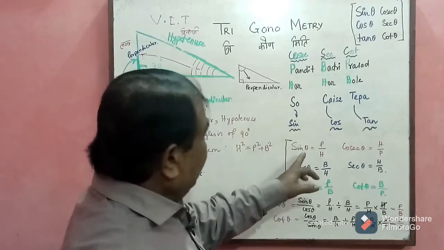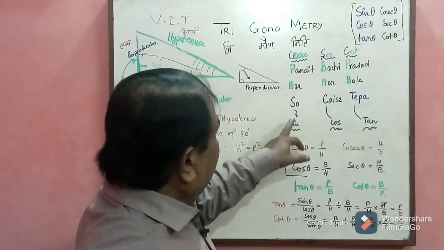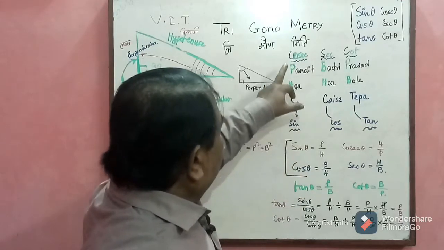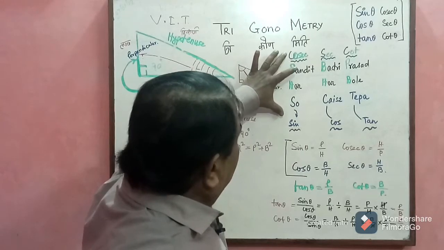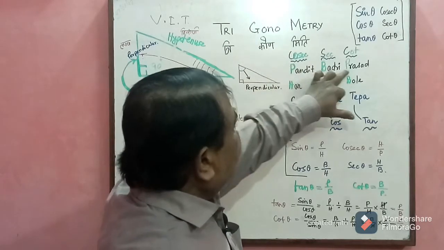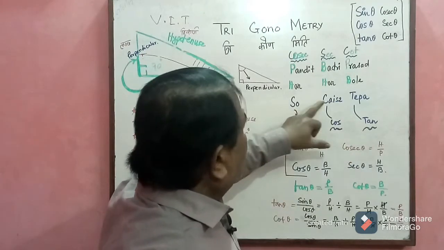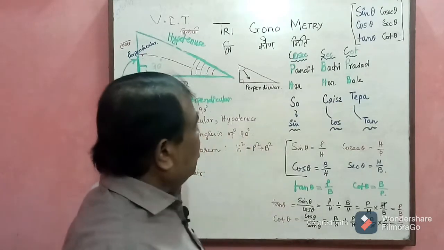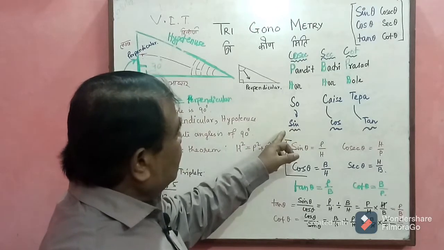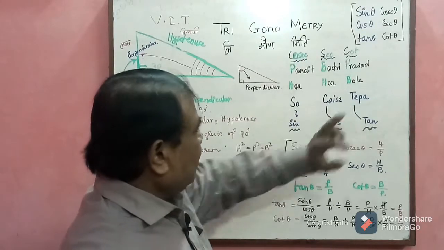So here we have one thing, we can easily learn this one. Pandit Badri Prasad har har bole so kaise tepa. So means sin, kaise means cos, tepa means tan.